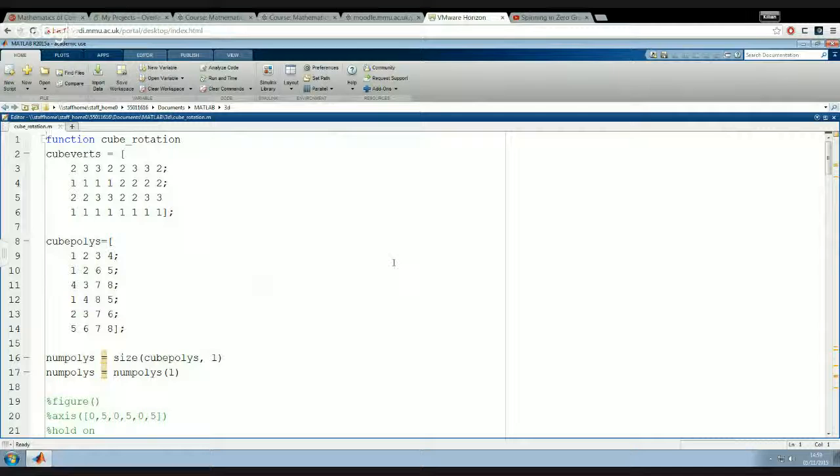That's going to be the bottom face. I'm going to imagine that being held at y equals 1. The top face will be at y equals 2.